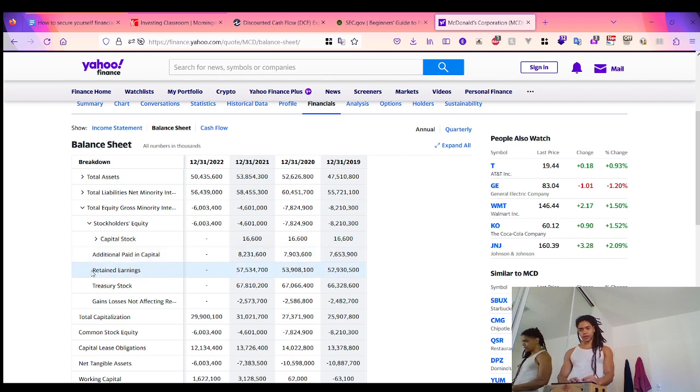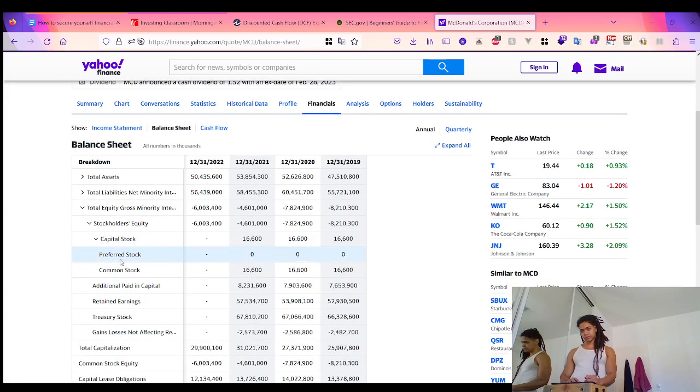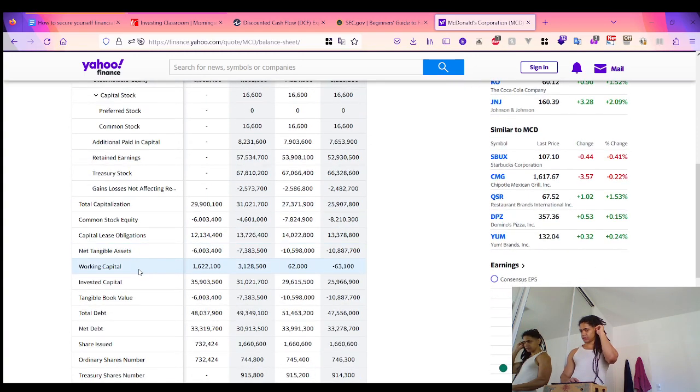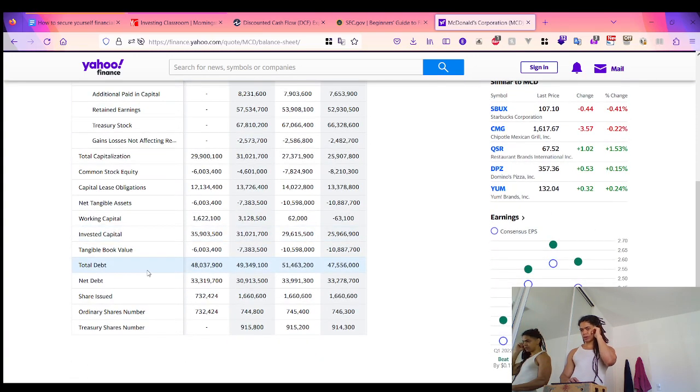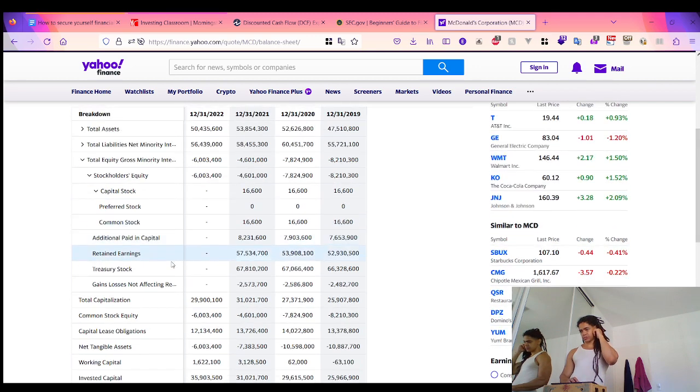You see, they have retained earnings, so they don't pay out dividends, allegedly, right? Preferred stock, common stock, additional paid-in capital, retained earnings. So they don't issue dividends, or they don't distribute earnings.